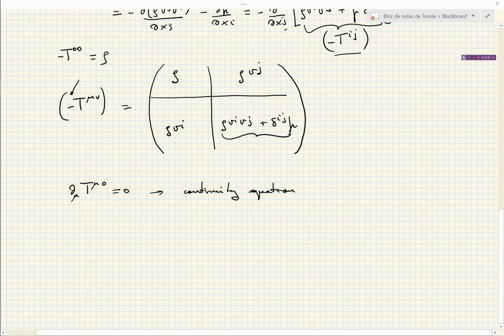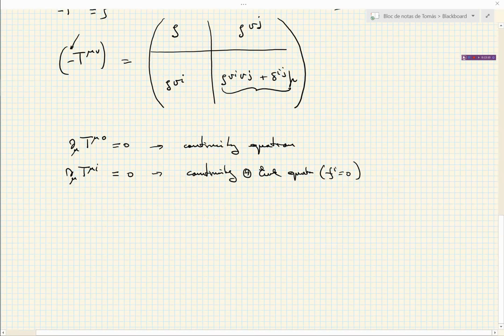Basically, this is what we have done in this calculation, and if you compute the divergence with index mu i, set it equal to 0, you get a combination of the continuity plus the Euler equation with Fi equal to 0.